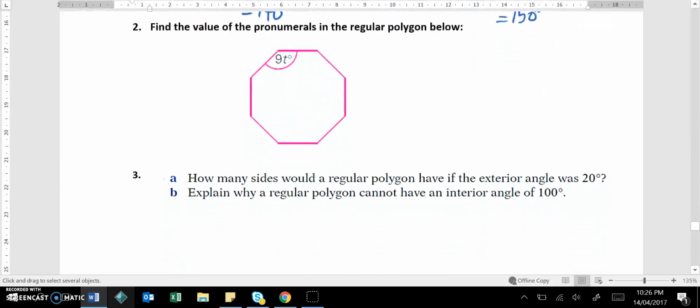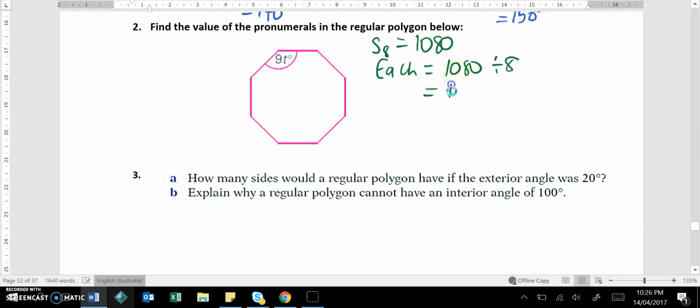Okay, so this question's very similar, but it involves some algebra. So what we're going to do in this one is remember that this is an octagon. So the interior angle sum of an octagon with 8 sides was 1080. So you'd show the same working as you did above from question B. Then to get each angle, we did 1080 divided by 8.